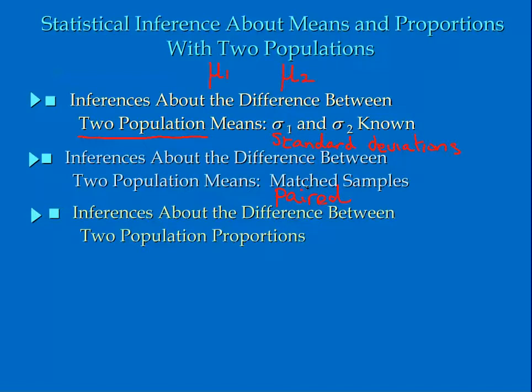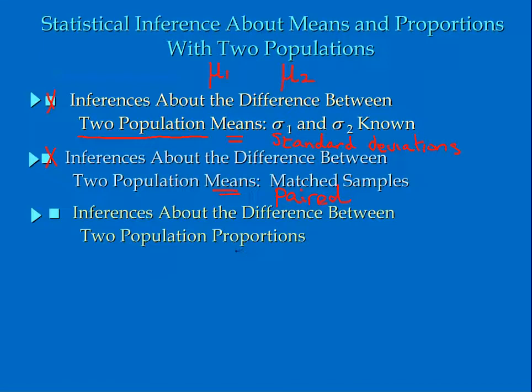It's a very important statistical technique, and that's another one we're going to do later. And inference about the difference between two population proportions. In these two cases, we're interested in means, mu1 and mu2, and so on.